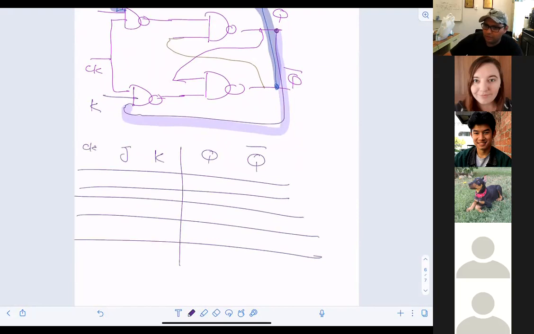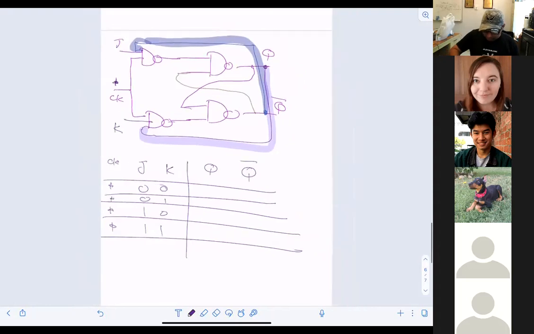Because we are still using the positive edge of the clock in this case, right? So the arrow is going up, so here it's up, up, up. Right? So I have here 0, 0, and 0, 1, and 1, 0, and 1, 1. So far, so good?